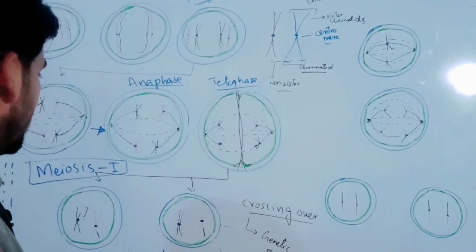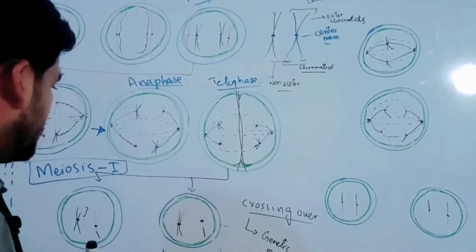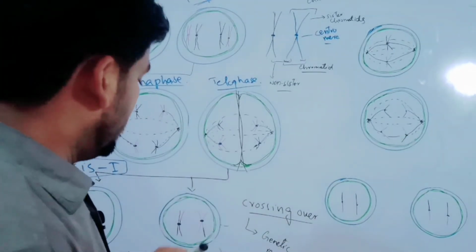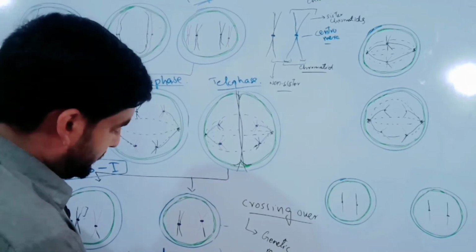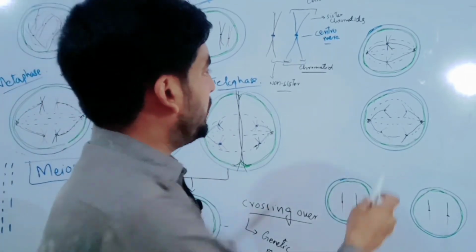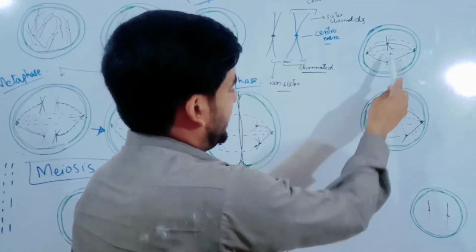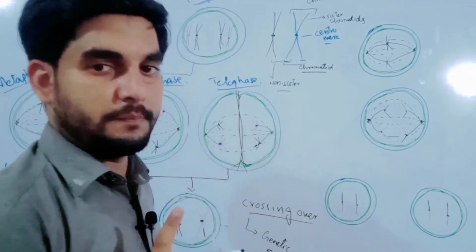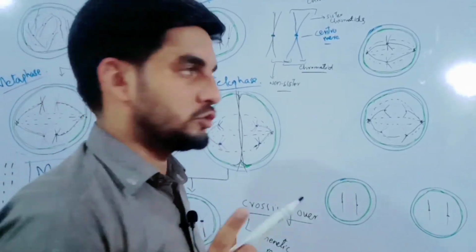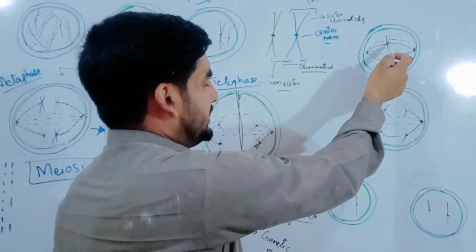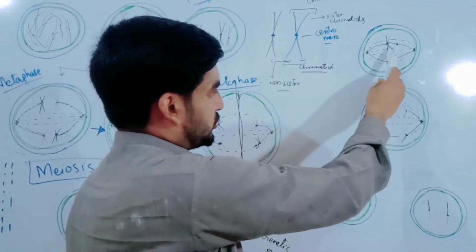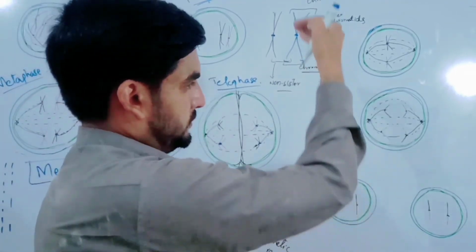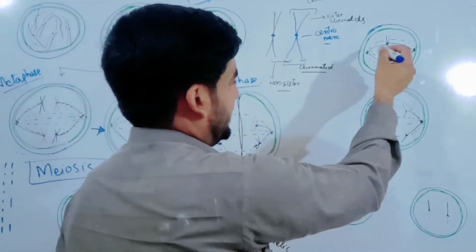Fine. Now we are moving towards meiosis 2. Meiosis 2, take this cell here. Now we are seeing that these chromosomes which were present, now only single chromosomes are present, not the pairs of homologous chromosomes. These chromosomes arrange in the form of a line, and this is the linear arrangement.